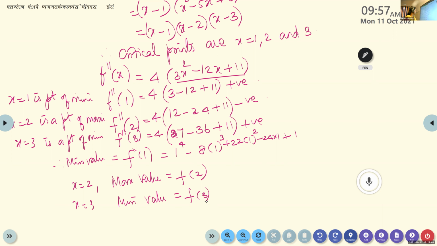What is f of 1? What is f of 1, Aishwarya? Minus 8. Tomlin, what is f of 2? Ma'am, I am doing. Femina, what is f of 2?